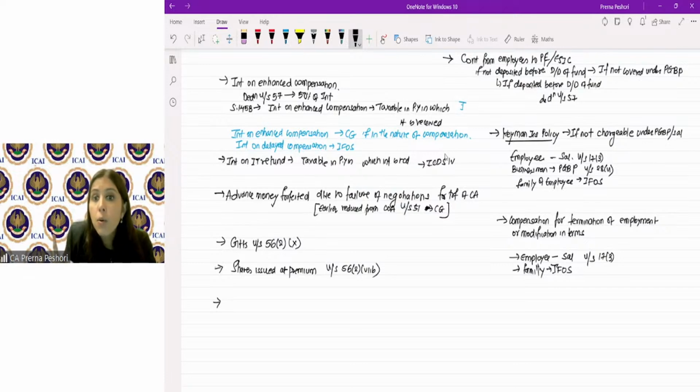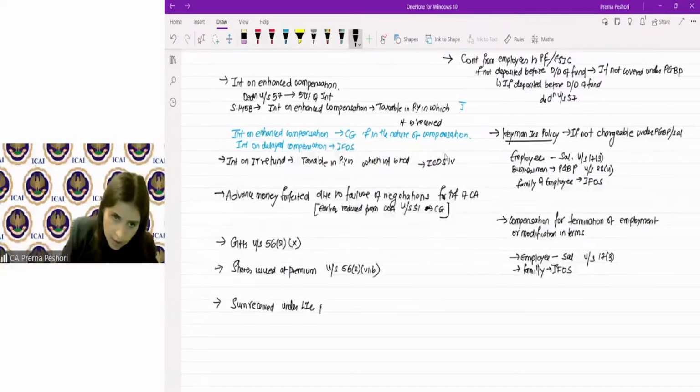These are specifically covered under income from other sources. Then sum received under LIC policy. This is again specifically covered over here.